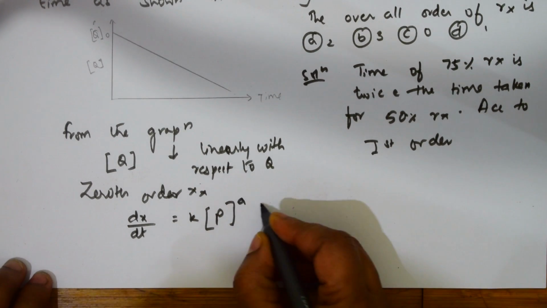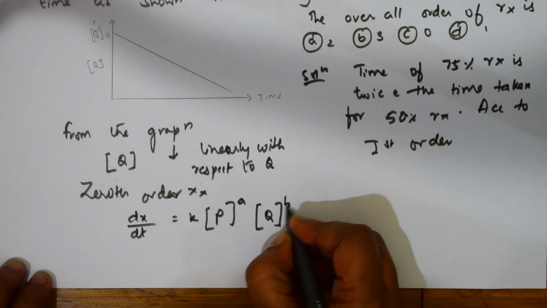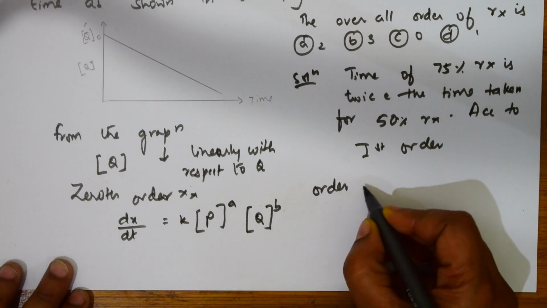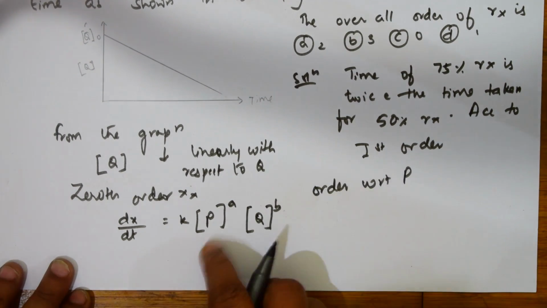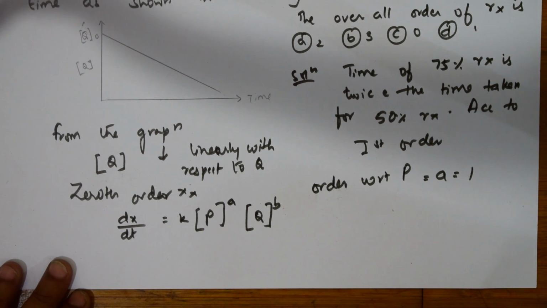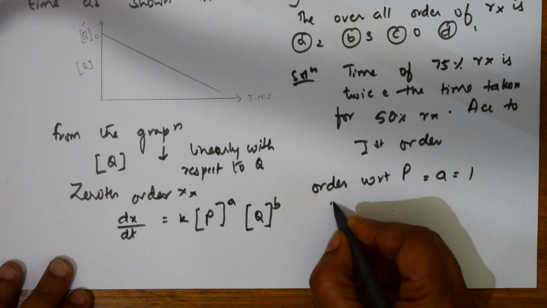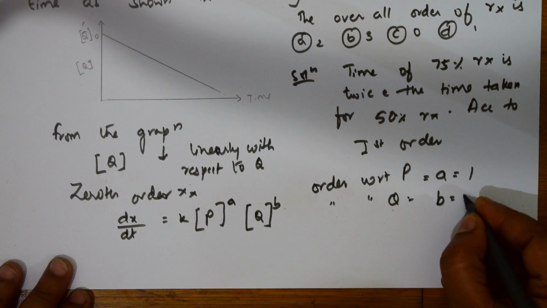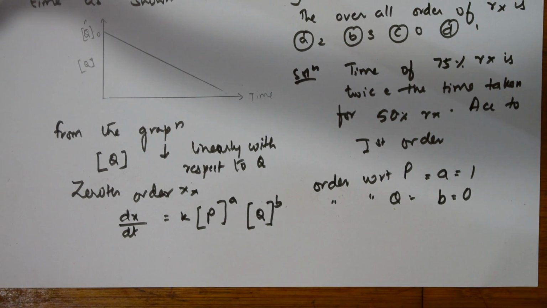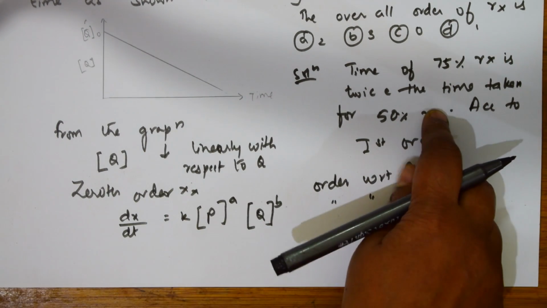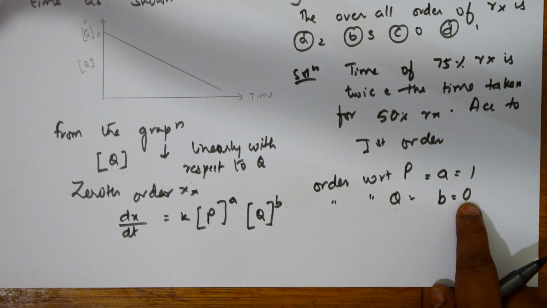So the order with respect to P is A, which is equal to 1. The order with respect to Q is B, which is 0, because it is a 0 order reaction, we said, isn't it? Yes. According to the graph, it is a 0th order reaction. With respect to P it is first order, and with respect to Q it is 0 order.